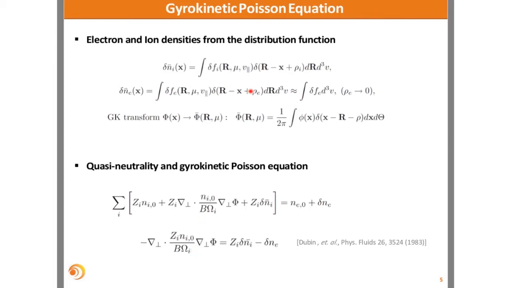We are dealing with the guiding center, but we still need the real position of the particles, so we have a gyrokinetic transform to get the real influence of the potential on each particle. We have this gyrokinetic Poisson equation, where the right hand side is the charge density and the left hand side is the gyrokinetic Poisson operator. By solving this equation, we get the potential. Using this potential, we update the particles, and with the updated particles, we update the potential.